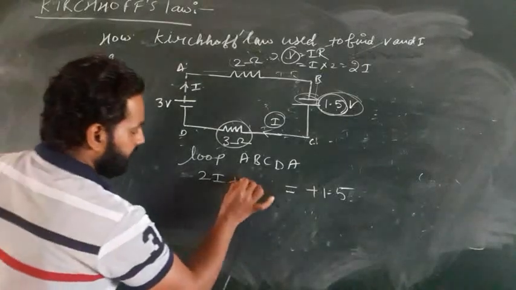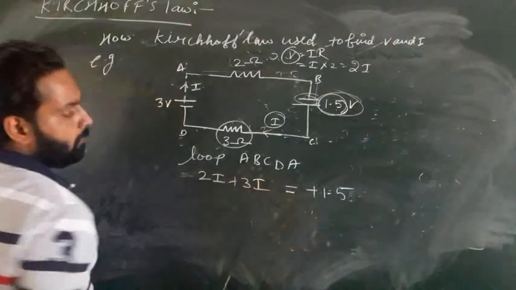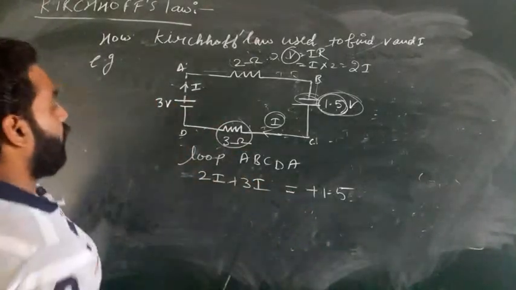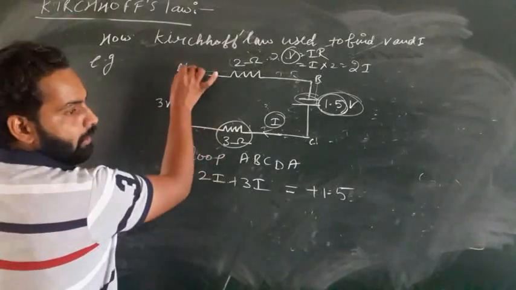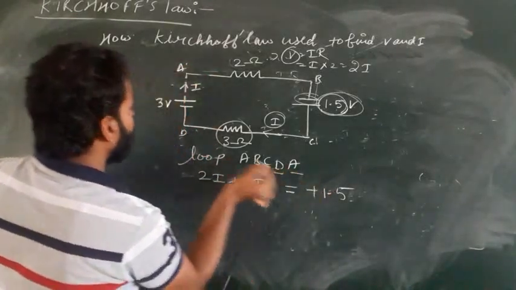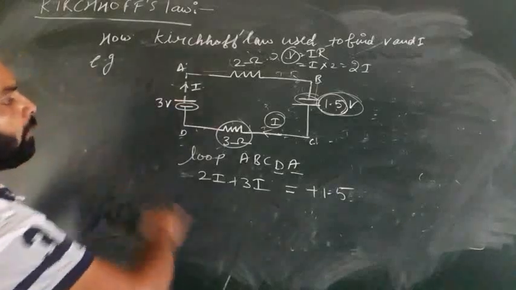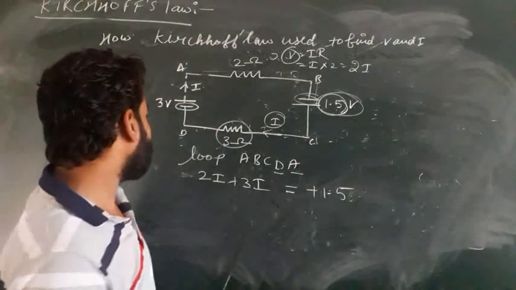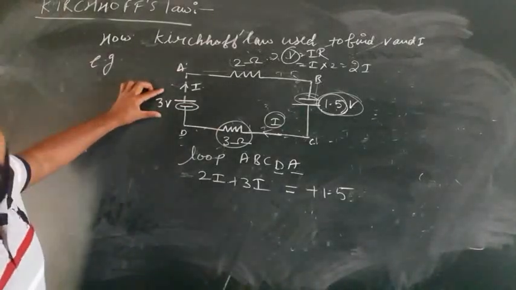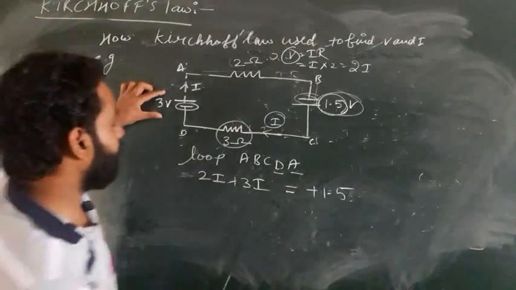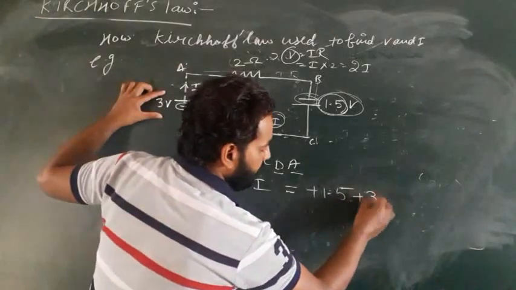So that is plus 3I. Now when we move from D to A, your loop hits the negative terminal of the battery, so the EMF of that cell is taken as positive. That EMF is positive 3.